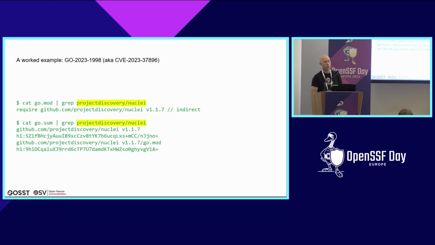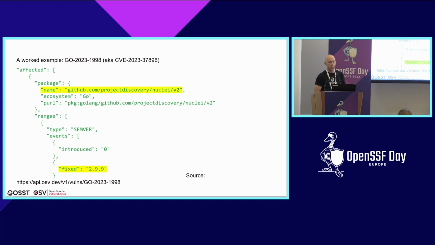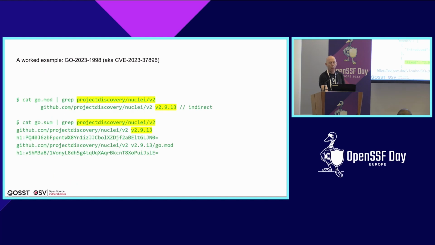Let's just table that for a moment and take a look at the equivalent OSV record as well. Similar to the CVE record, we have an upper bound on the fixed version, but take a look at this other subtle difference that's evident from the ecosystem-specific package information available. So, bold-faced up there on the top yellow line, you can see there's this little detail that wasn't immediately determinable from the CVE record.